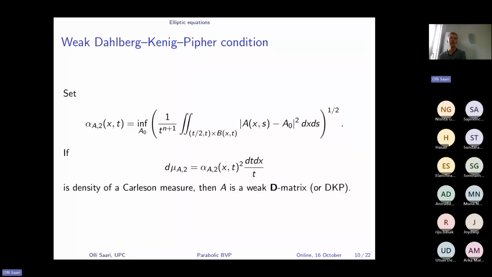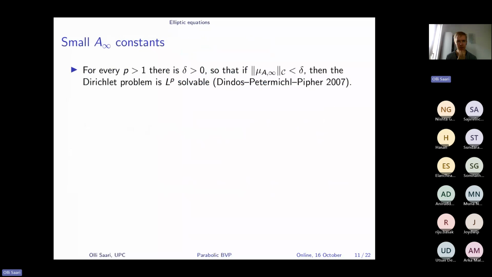Okay, and then we define the measure mu A 2 by taking this oscillation squared and dividing by t. And this is a density of a measure in the upper half plane. And if this density is a Carleson measure, like in the previous cases, this is actually a weaker condition than any of the previous ones. Then we call it a DKP matrix.